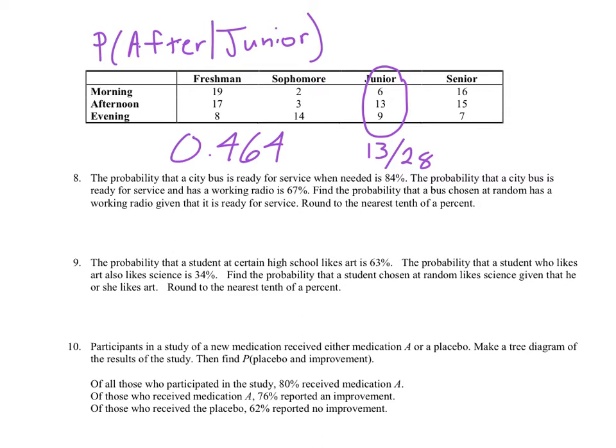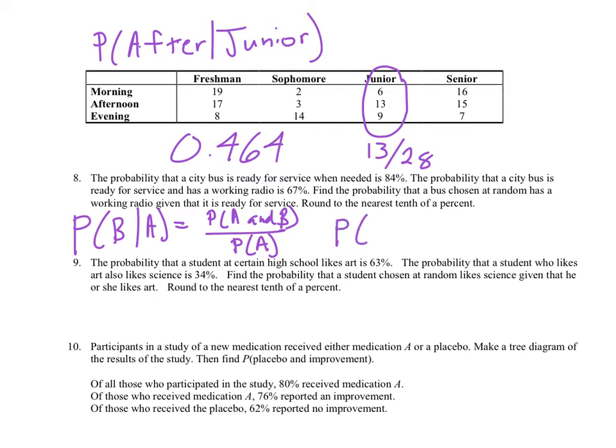So we've got the probability that the bus is ready for service when needed is 84%. And just a reminder too of what that formula looks like. Probability of B given A equals probability of A and B over the probability of A. And so what they have for us is finding the probability that the bus chosen at random has a working radio given that it is ready for service.